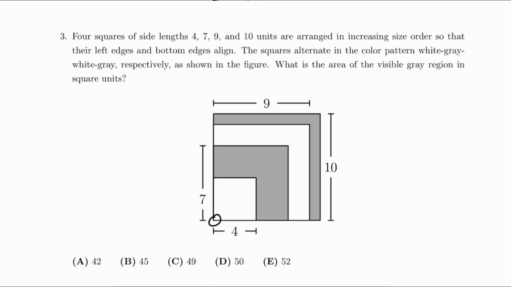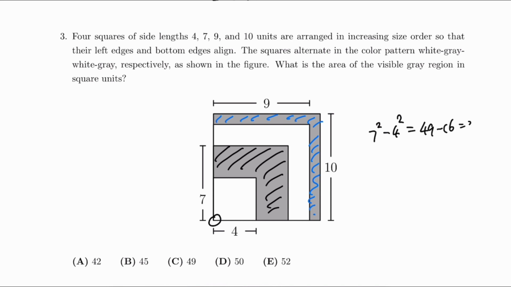So in order to find the area of visible gray region, we can take a look at these two regions separately. I've shaded in black and blue respectively. In order to find the black area, we just have to do the bigger gray square minus the smaller white square, which is 7 squared minus 4 squared, or that gives us 33.